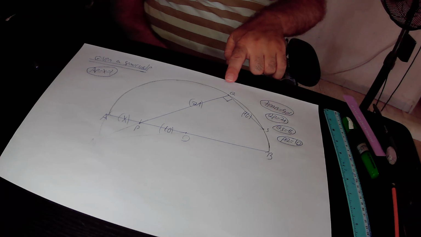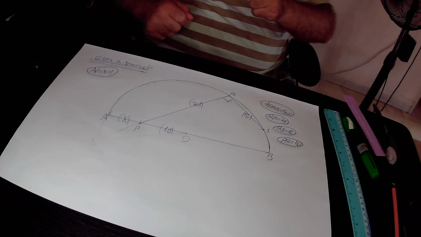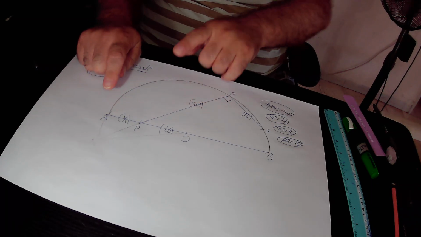This is angle PQC, that is a right angle. Again, our task is to find the length of this line segment AP that equals x. We have to find the value of x.